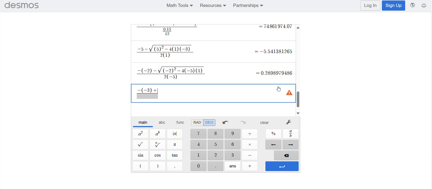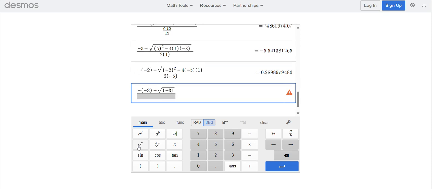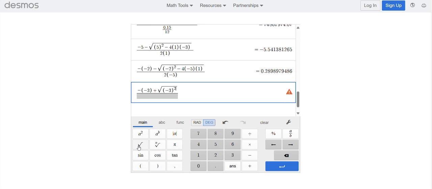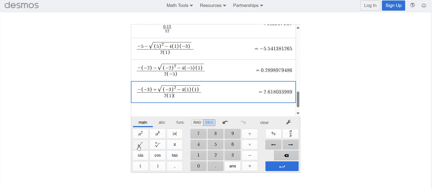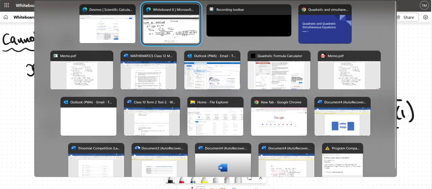I'm going to use a plus for now. Square root of negative 3 squared minus 4 in brackets, 1 for the a, 1 for the c, all divided by 2 times 1. And so the first value is 2.62.